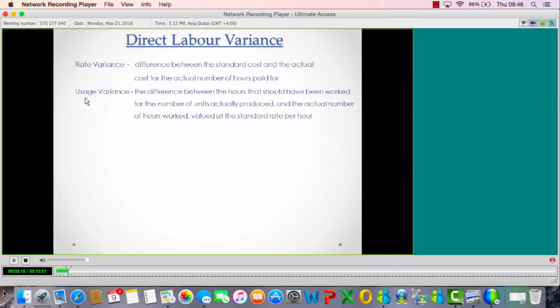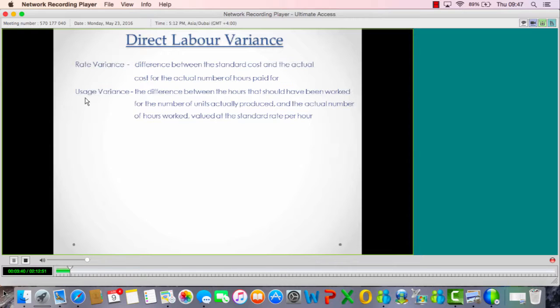That should be the number of hours, that means the standard hours per unit. The standard hours for the actual units, minus the actual labor hours consumed. The difference. Same as direct material, it's only the difference in name.